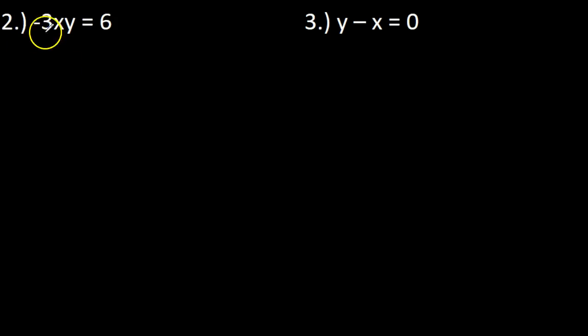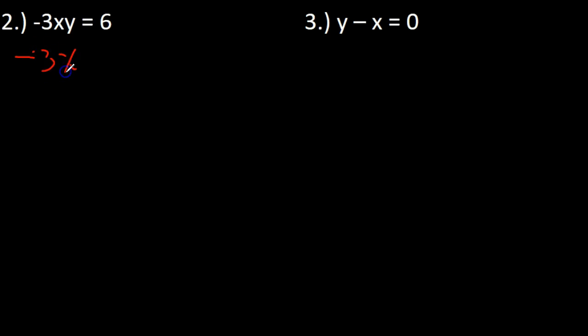All right, next, negative 3xy equals 6. Again, our goal is first of all to get y by itself. Negative 3 is multiplying x and y, so we can get rid of them one at a time. We need to get rid of negative 3 and x. We can also do them all at once, but just to avoid confusion, let's do them one at a time.